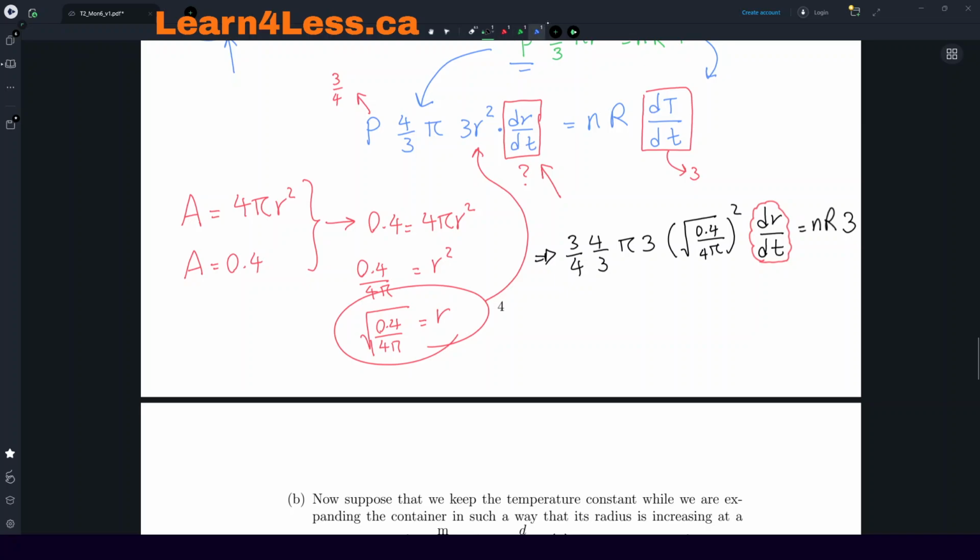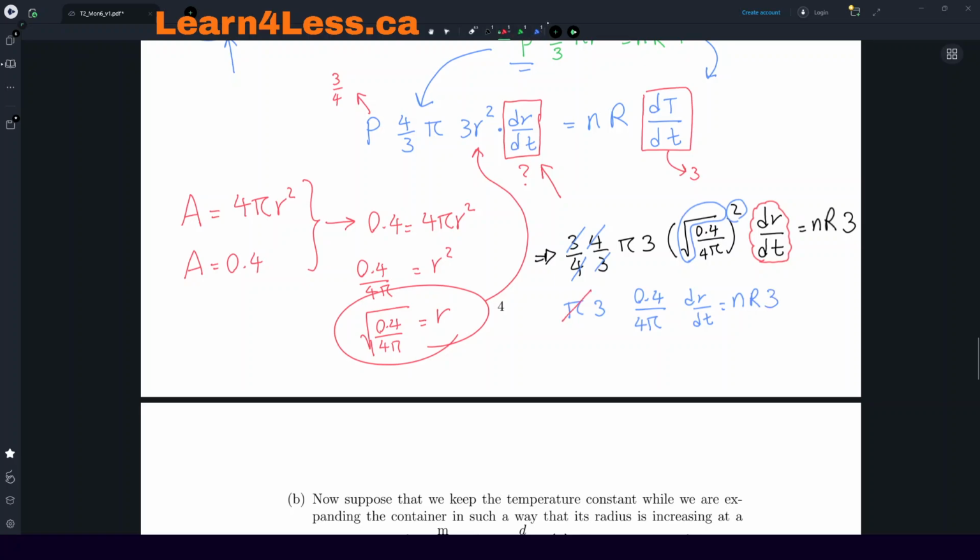So let's simplify the left-hand side a little bit. 4 and 4 get cancelled, 3 and 3 get cancelled. And on the left-hand side we have pi times the square root, which is squared, so they cancel each other. So it gives me 0.4 over 4 pi times dr over dt, and the right-hand side is n, r, and 3.